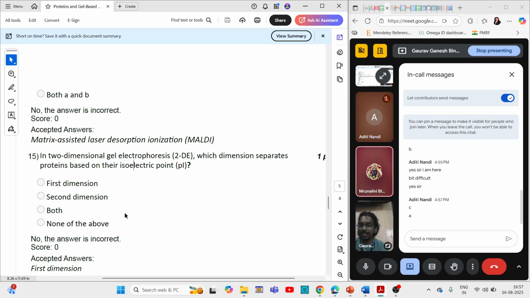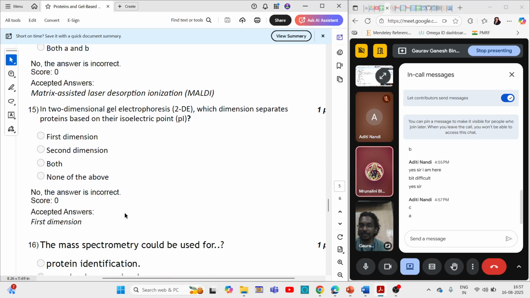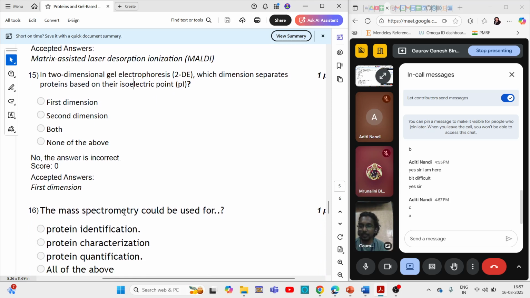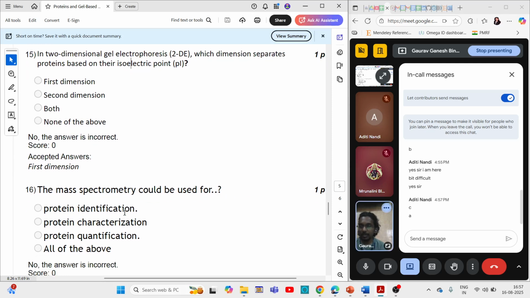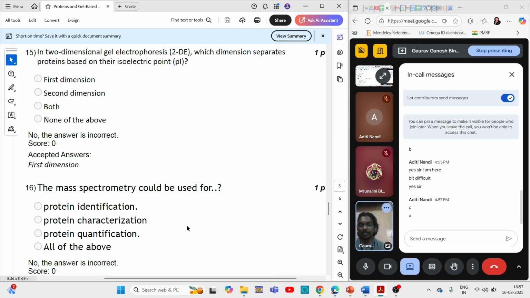Okay. So mass spectrometry could be used for protein identification, protein characterization, protein quantification, or all of the above. A little tricky question.